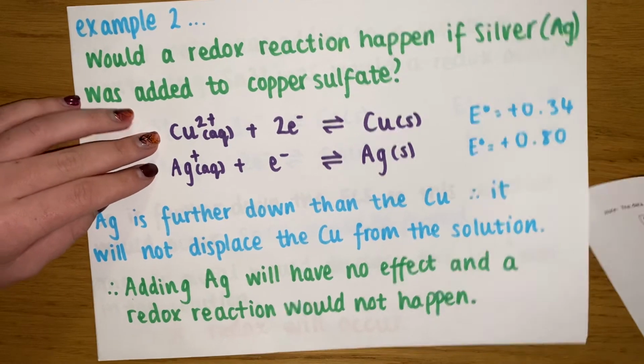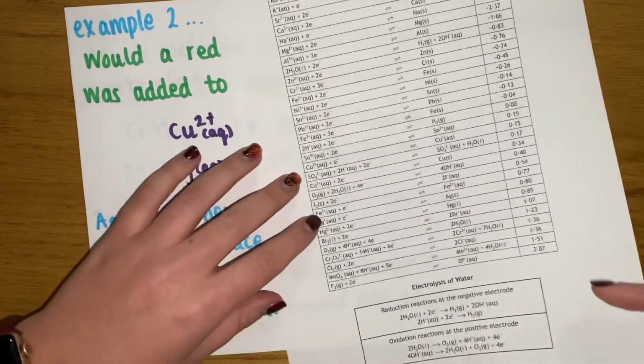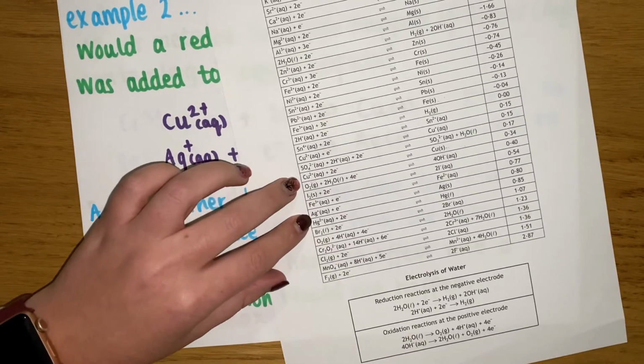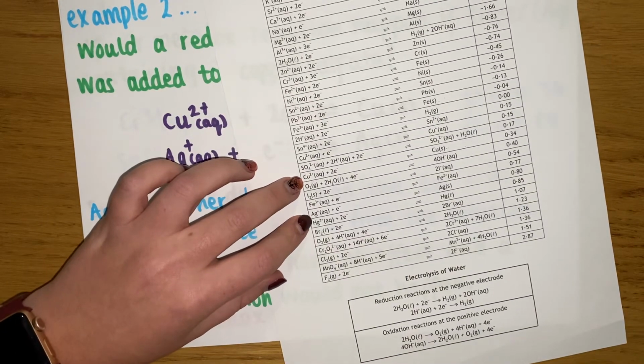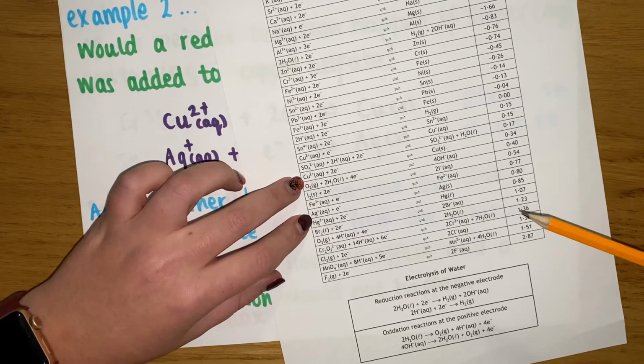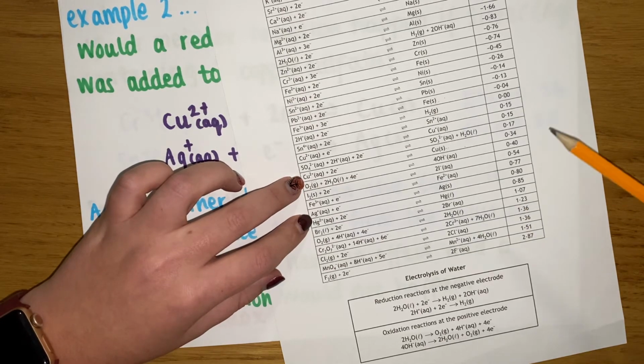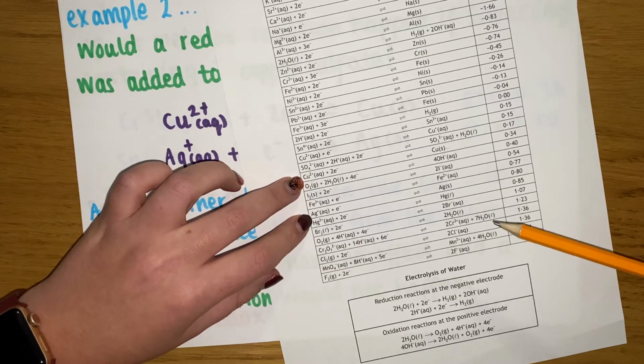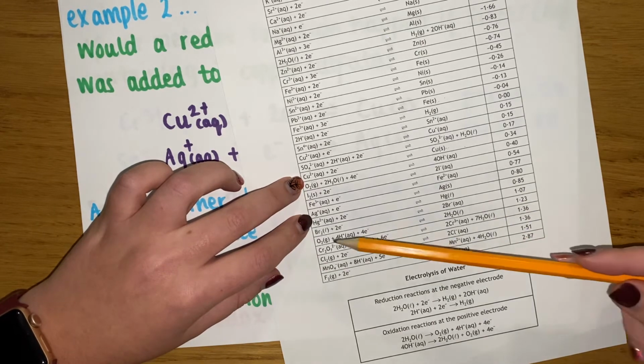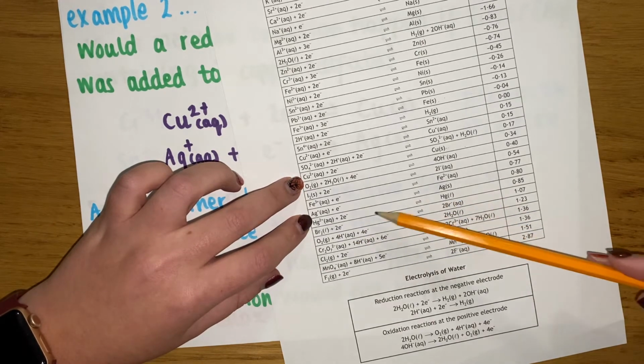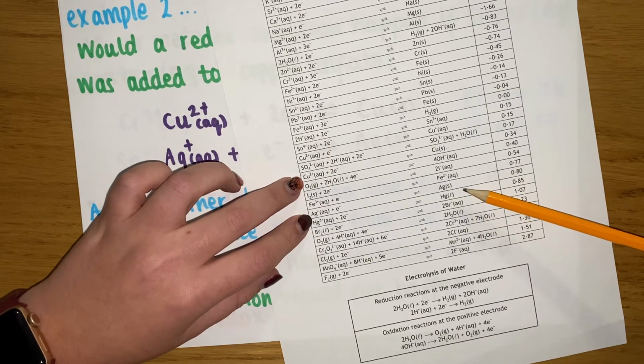So in this case we have got Ag here, and we've got Cu2+ going to solid here. Remember, the one further down will always happen. So Ag+ plus an electron going to Ag solid. This is the reaction that will happen.